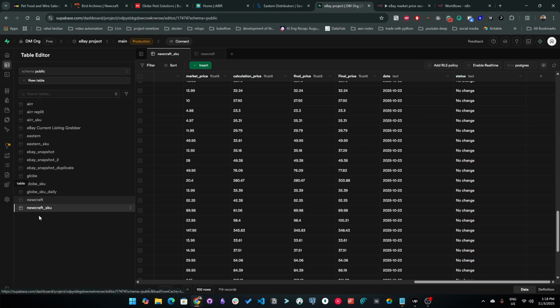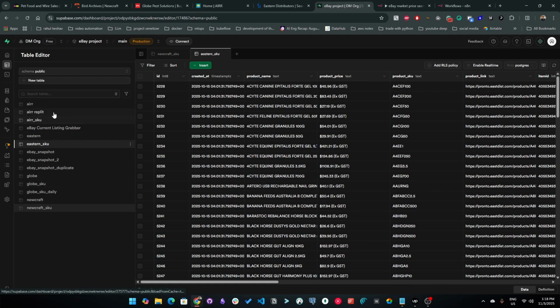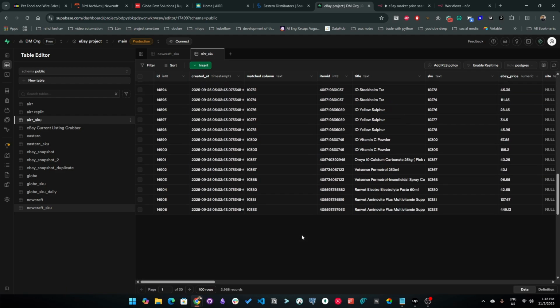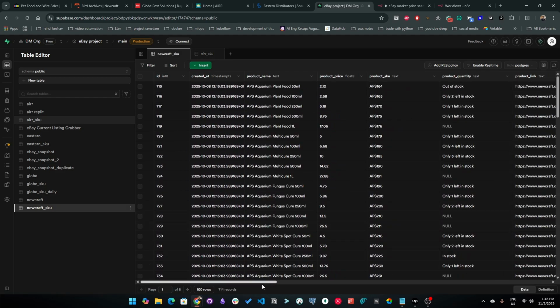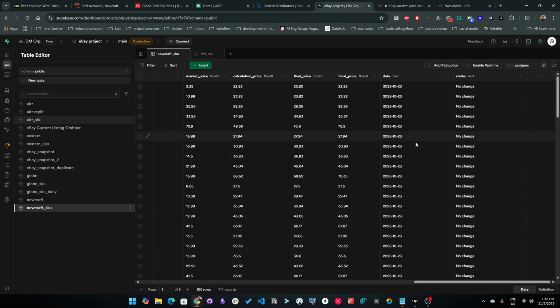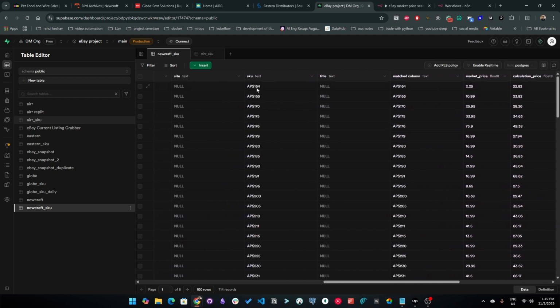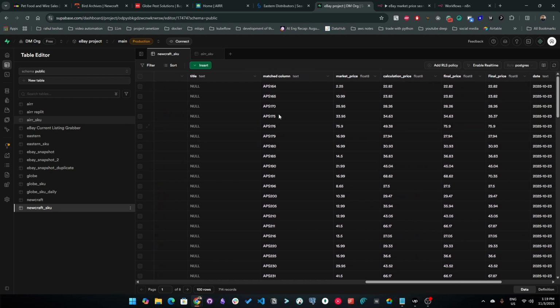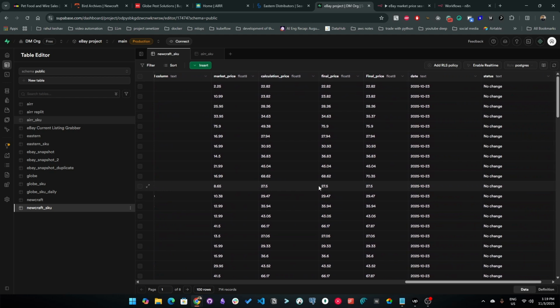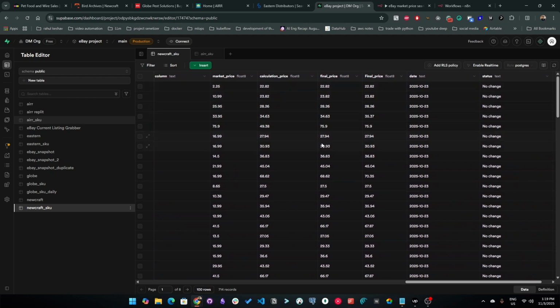The four websites we scrape data from are Newcraft, Globe, Easterns, and AIRR. We get the SKU and do all the matching using the SKU. We get the price from their website, and then we calculate at what cost we have to sell them.